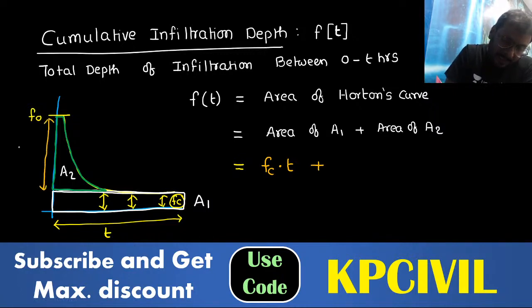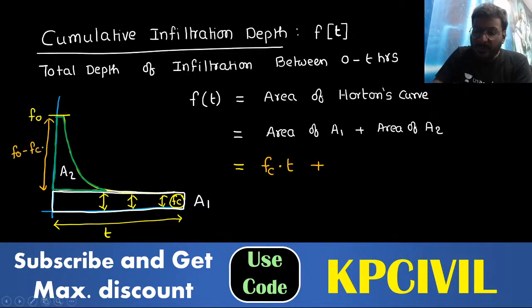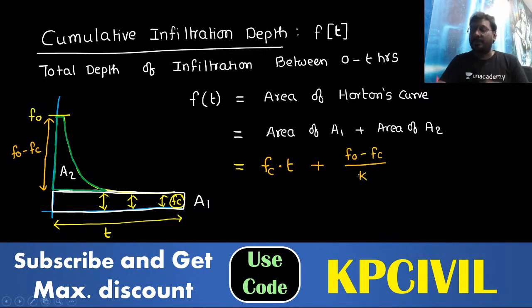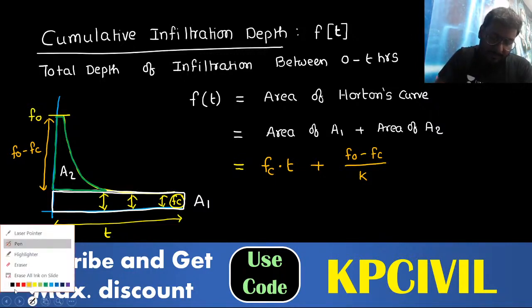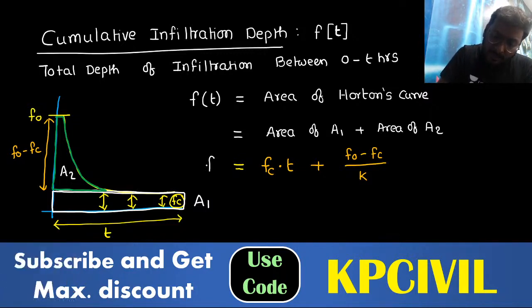F naught minus Fc. So F naught, Fc into T plus F naught minus Fc by K. That is considered as F of T. So this is formula 1, the first formula to determine cumulative depth of infiltration.